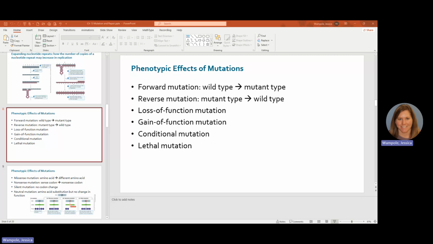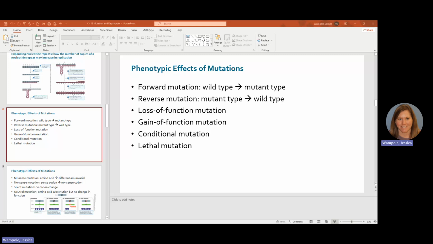The mutant may or may not have a negative effect on the individual. It just depends on the actual gene itself. Reverse is where we go from mutant to wild type. Most of these are really just vocabulary words. There's not a lot going on here.